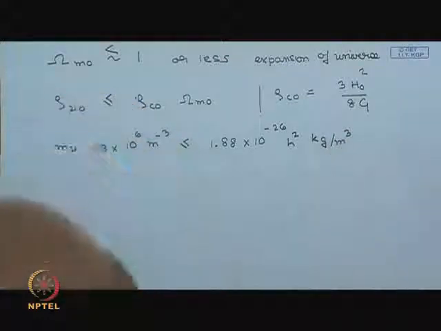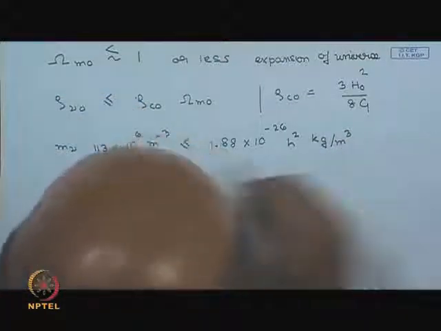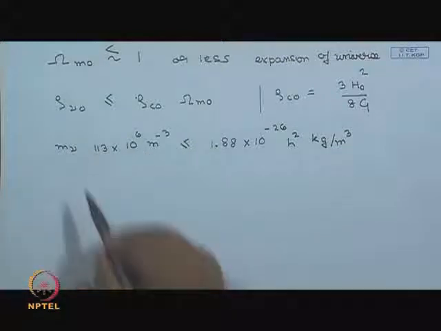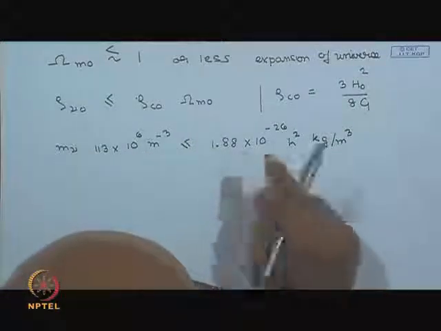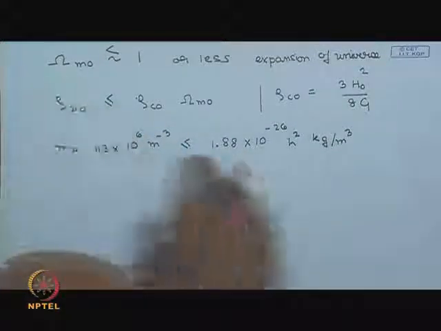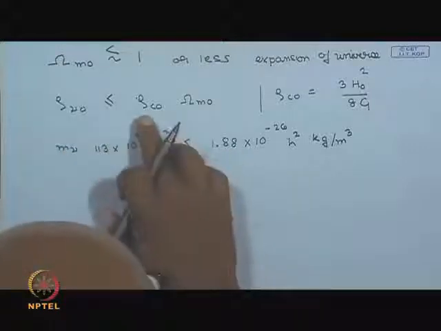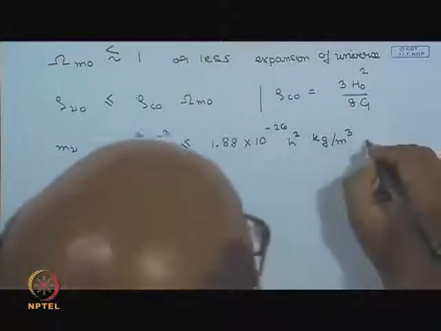That is the critical density. So, the density of neutrinos should be less than the matter density of the universe. The matter density is the critical density into omega matter naught.